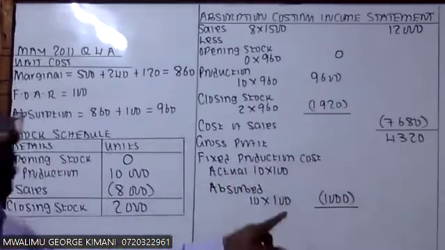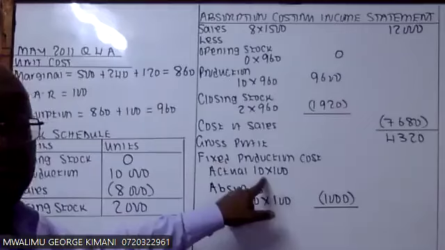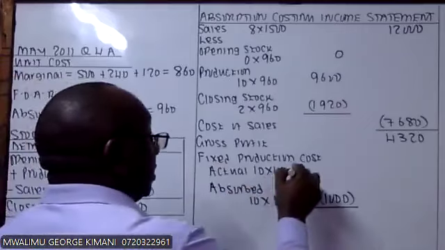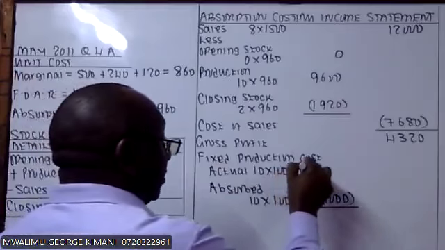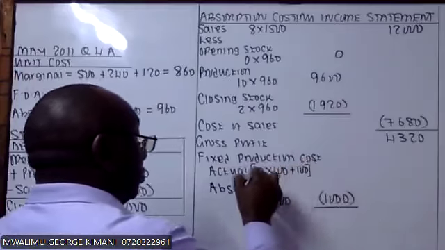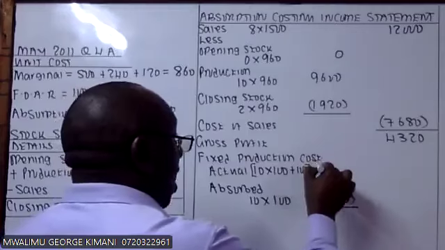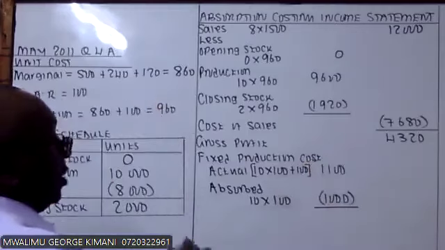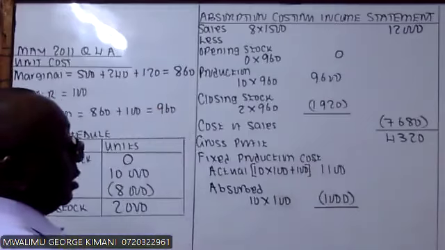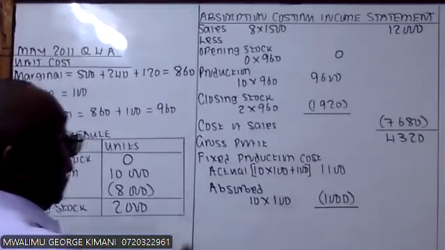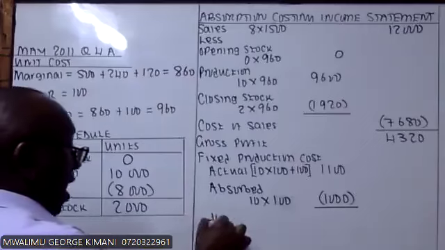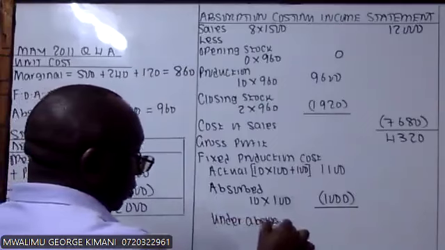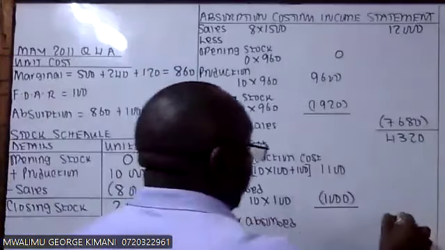Now this 10 that I'm using here is for the budget, plus the 100 adverse, so that you record 1,100. And when you record, you talk of now under absorbed of 100.